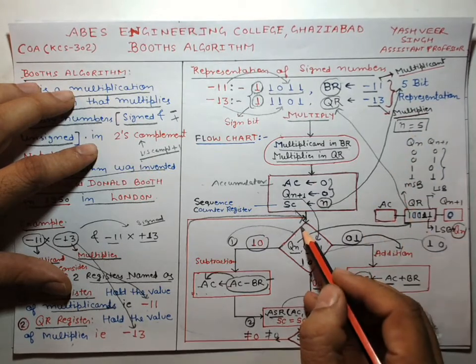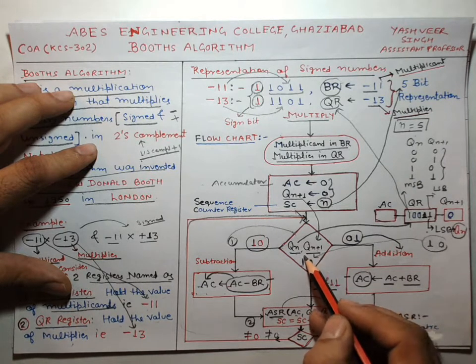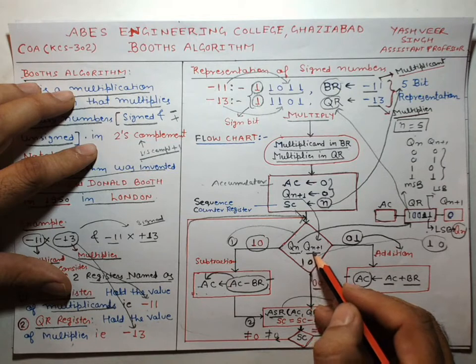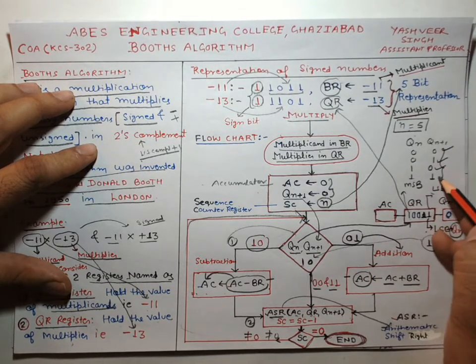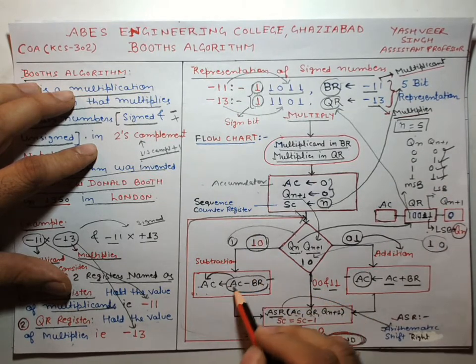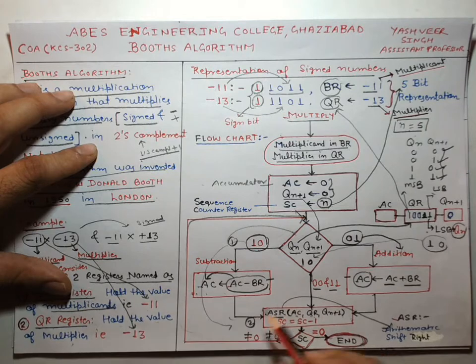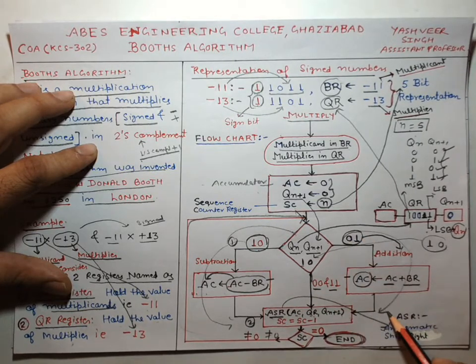After that, the decision box comes from the value Qn plus 1. There are 4 possible combinations here: 00, 01, 10, 11. If the output of the decision box is 10, then we will follow this step. If the output is 01, then we will follow this step.